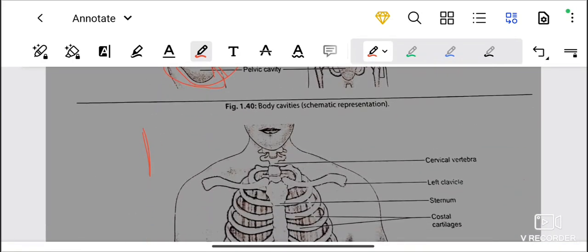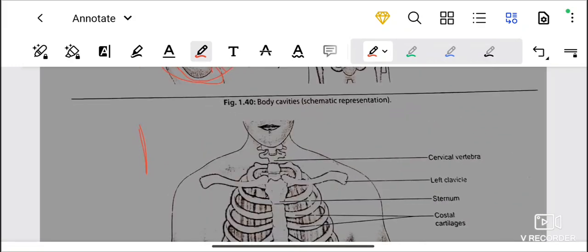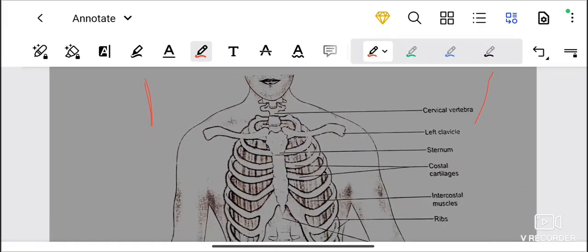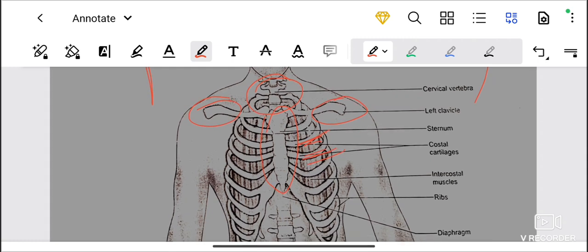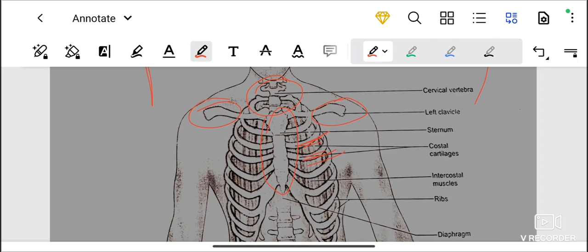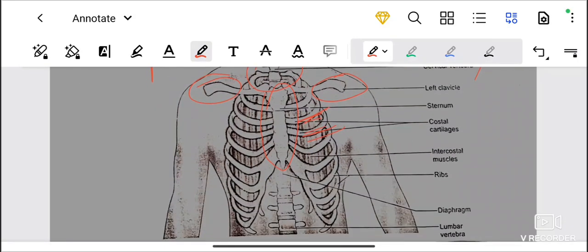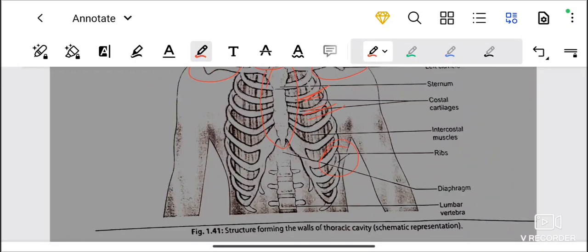In the thoracic cavity, we can see the left and right clavicle bones or collar bones and the cervical vertebrae. Here is the sternum, and there are the costal cartilages and intercostal spaces, and these are the ribs.